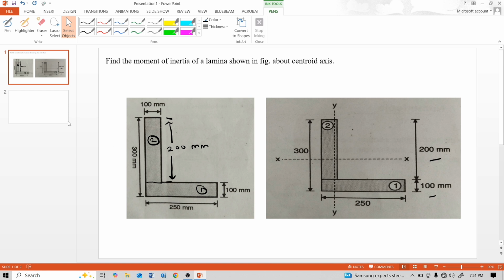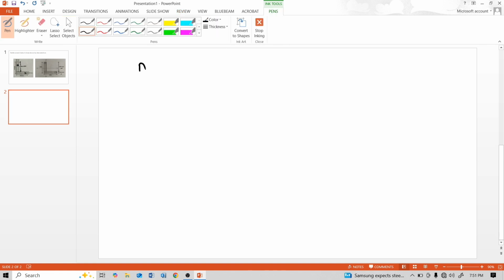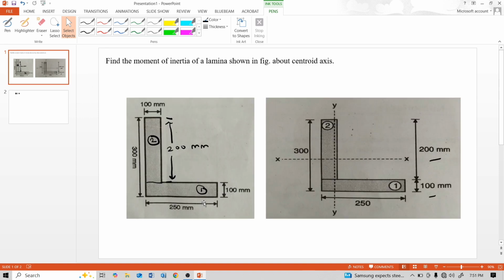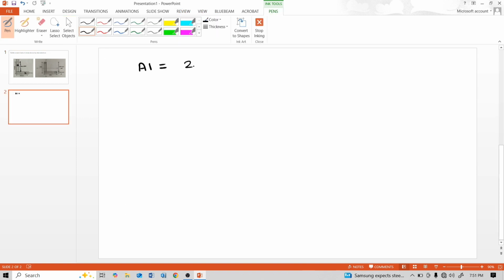So area A1 is equal to 250 into 100 mm, that means 25,000 mm square.